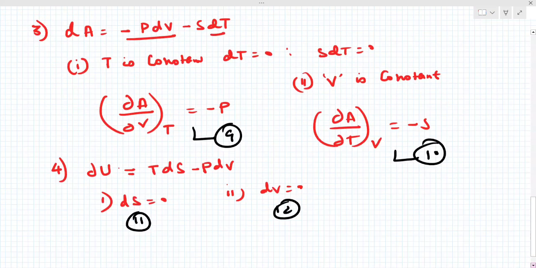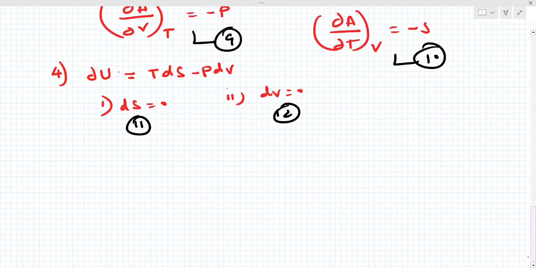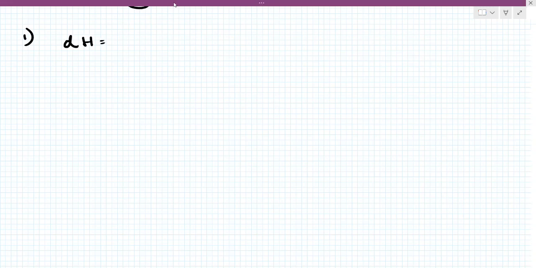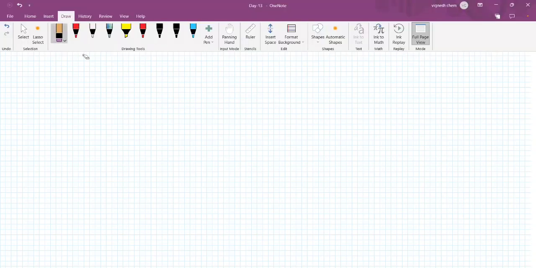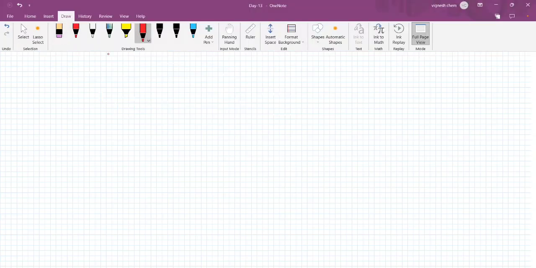Now start from the first equation. First we take dU. Please note, dU = TdS - PdV.